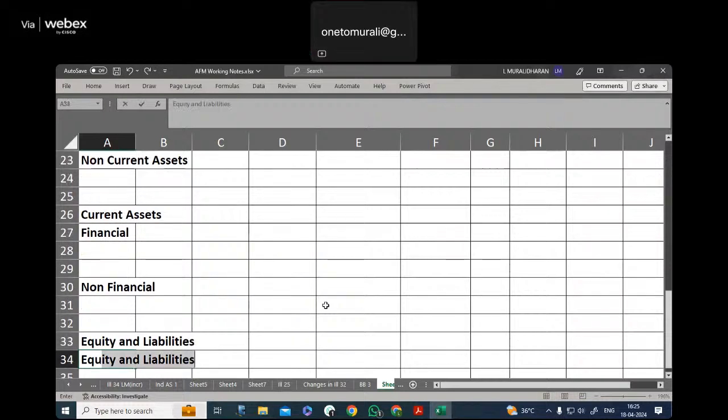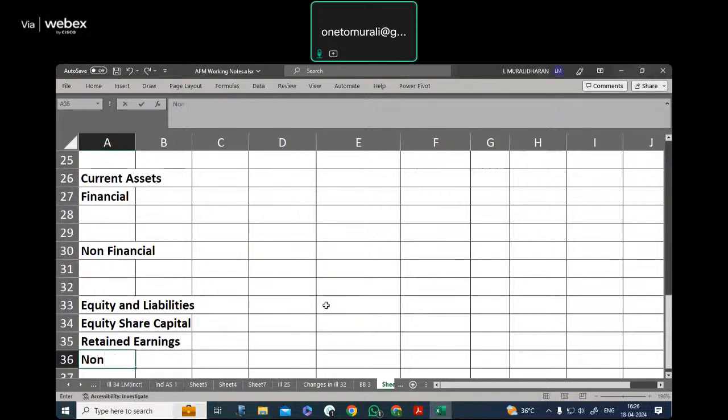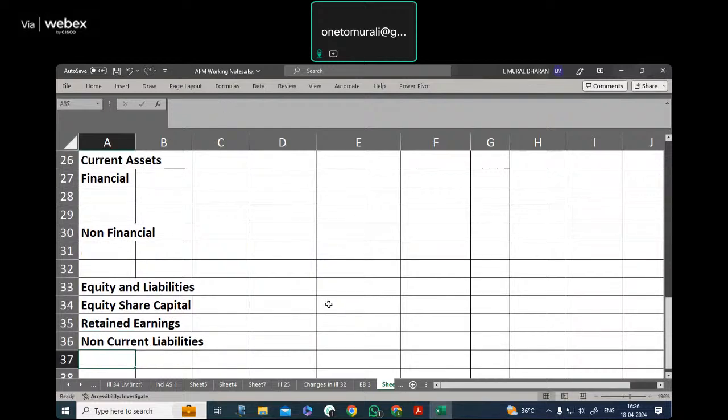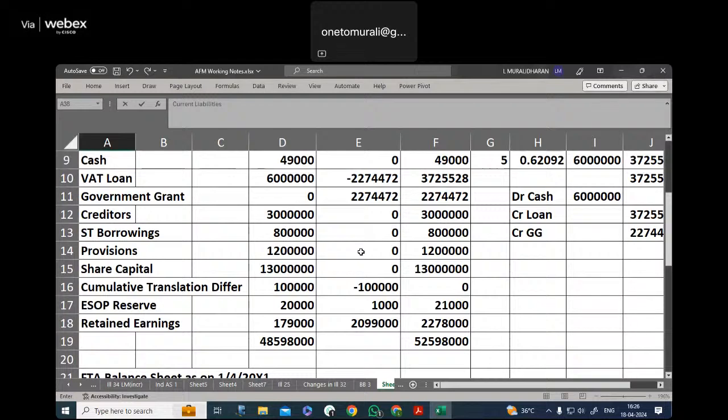Then equity, share capital. Then retained earnings, non-current liabilities, and current liabilities. So now let us just take up one by one.